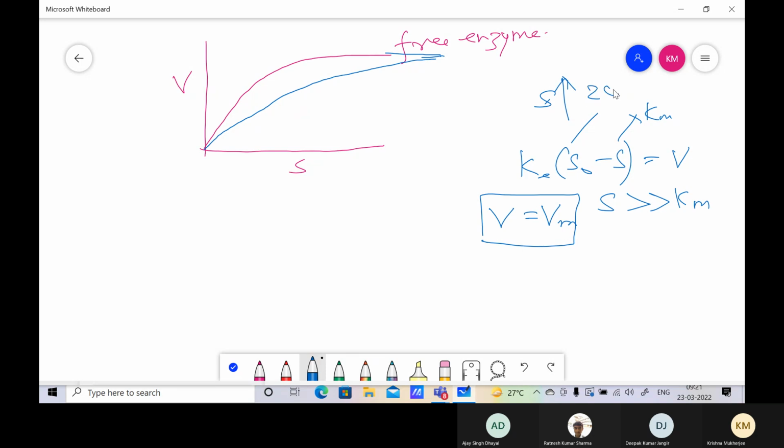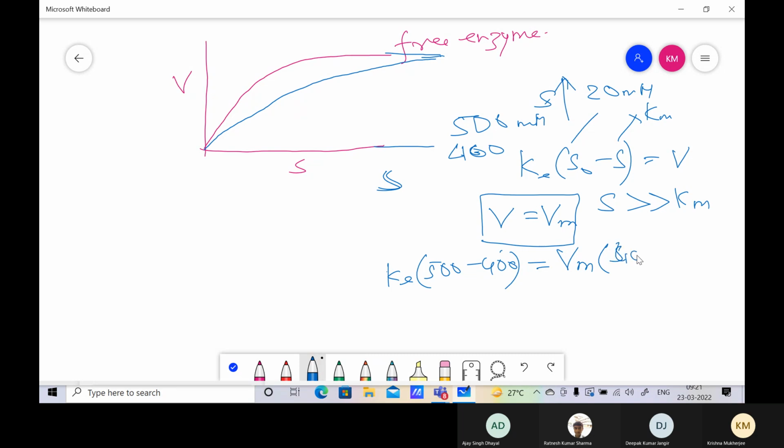Suppose S, as I said, was 20 millimolar. Suppose we had substrate concentration as 500 millimolar or some such thing. Then even if it drops from 500 to 400 millimolar, because the driving force is K(500 minus 400) is equal to V, and S is 400 upon 20 plus 400, which is approximately Vm.